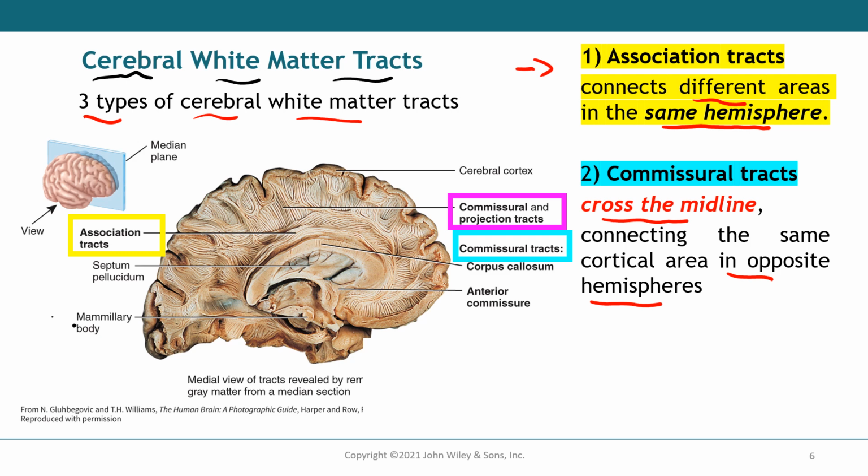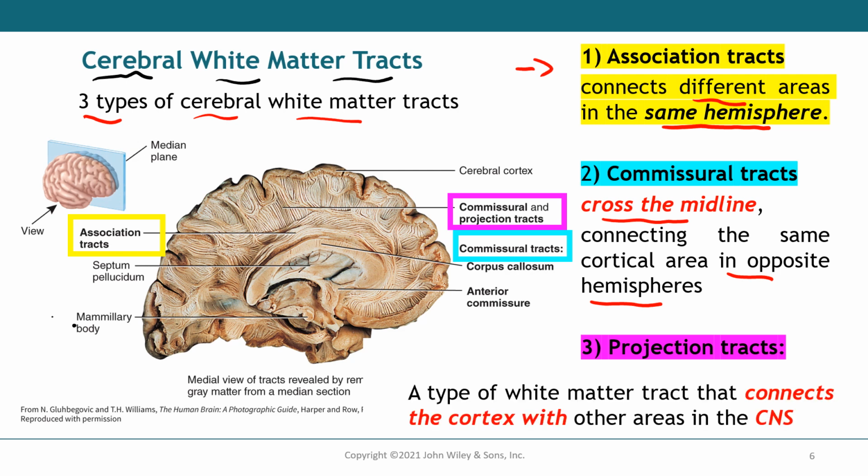And finally, I told you about the projection tracts, and those connect the cortex of the cerebrum with other areas of the central nervous system, like the cerebellum, the medulla oblongata, etc.